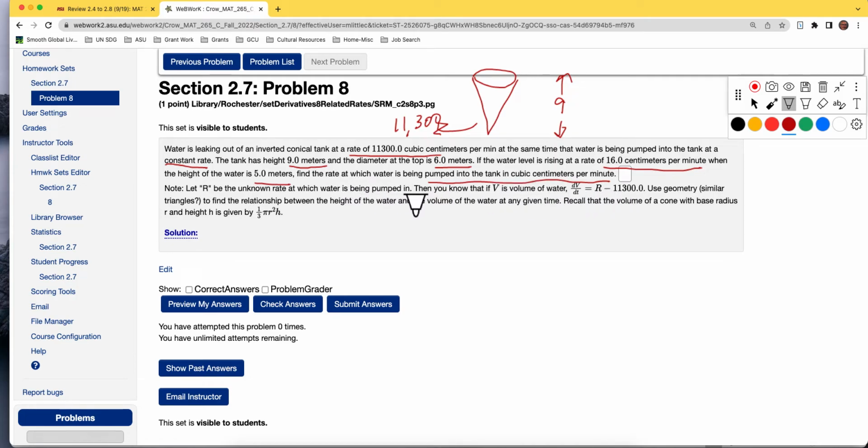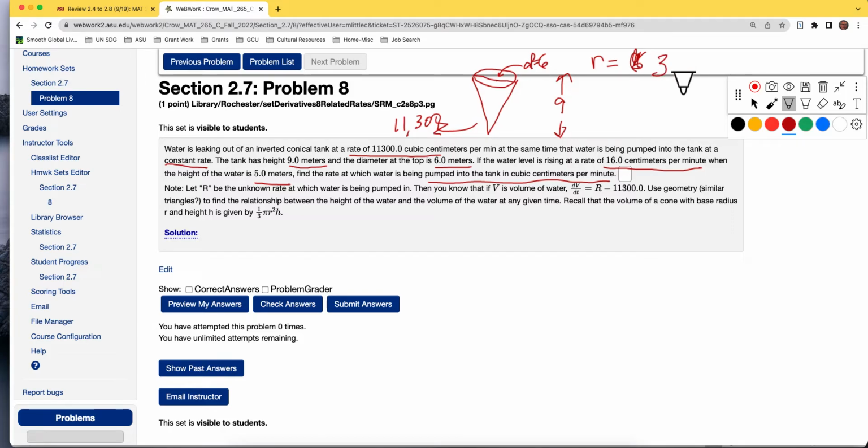The diameter at the top is 6 meters. The diameter, so it's not the radius, so that's good. So D is 6, so what do you think we'll probably need? That radius. Probably. So what's the radius? 3, half of the 6. So I better write that, because otherwise I'll use the diameter in the formula. Oops, see, I did it. I said it's 3. Okay, so use the right numbers.